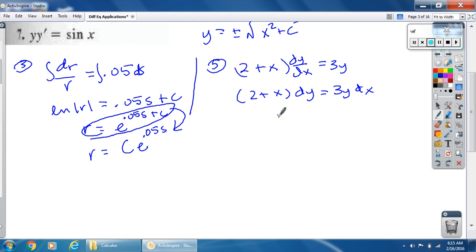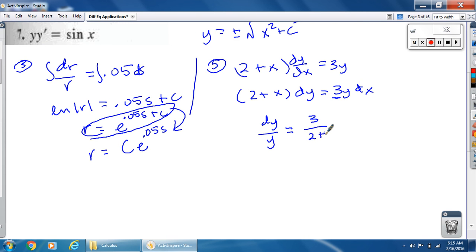Actually, I think I'll leave the 3 on the right hand side and just divide by y, so I'll get dy over y is equal to, I'm dividing, sorry, 3 over 2 plus x dx.